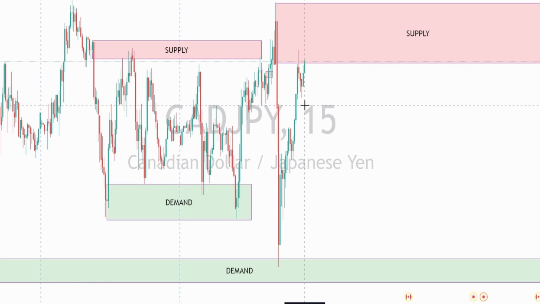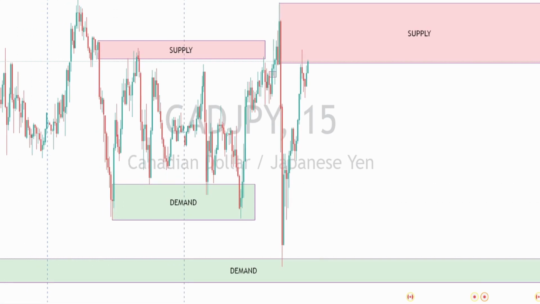But if you look at this, this is a simple way of marking the charts. You're just looking for areas. You can see how price had a strong push to the downside, breaking structure. You mark your area off, waiting for price to return, and you can see that it did it here again as well.